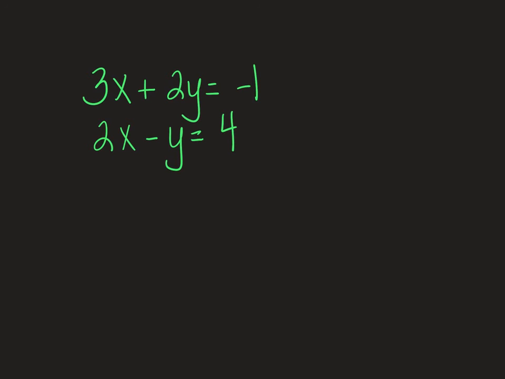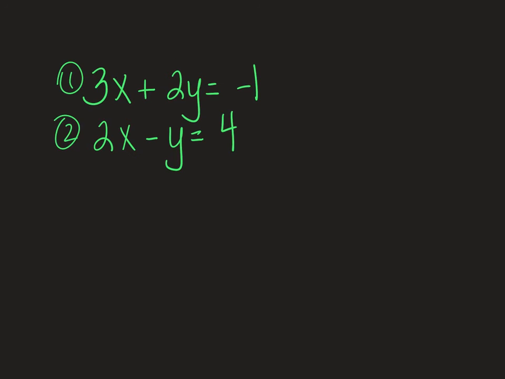So here I have 3x plus 2y equals a negative 1, and 2x minus y equals 4. In this case, I have two equations.